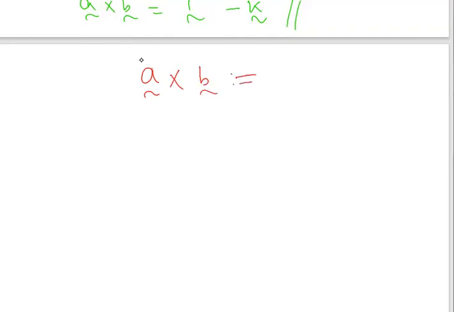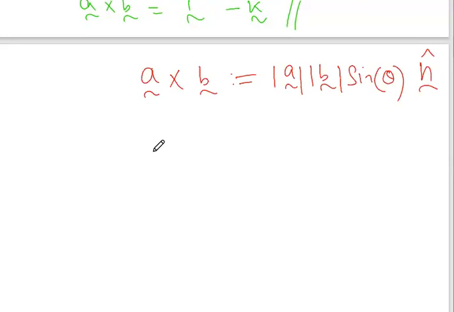That's the definition: magnitude of A, magnitude of B, sine of the angle between A and B, and the unit vector n. This unit vector is perpendicular to the plane of A and B, or perpendicular to these two vectors A and B.